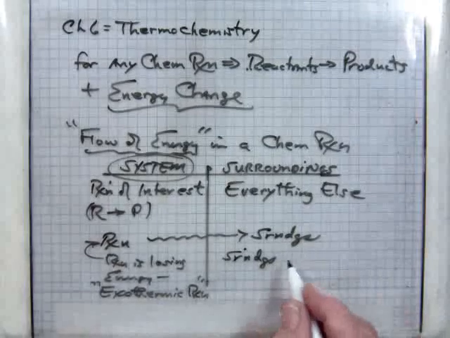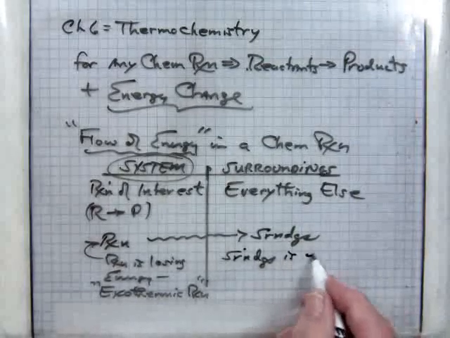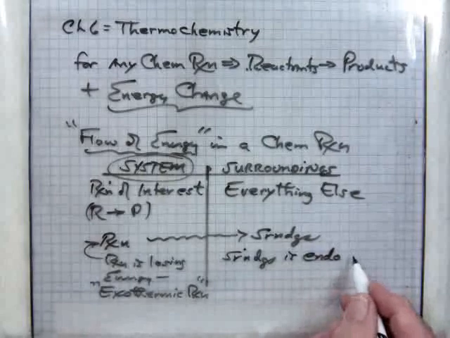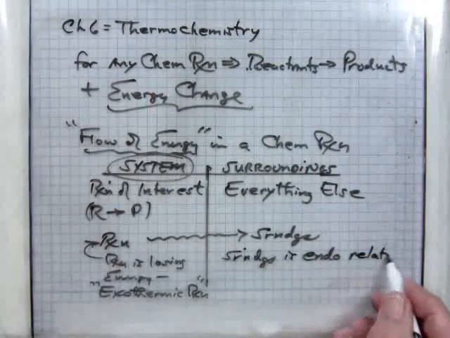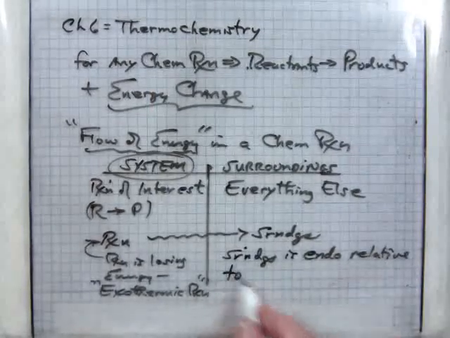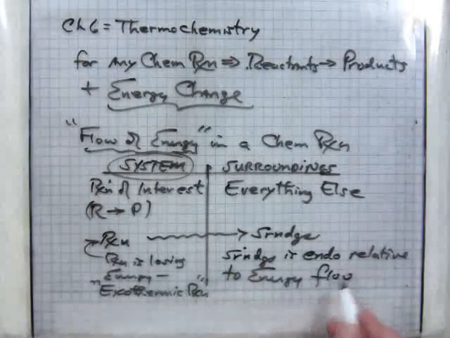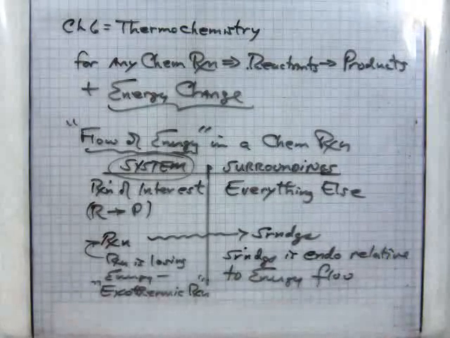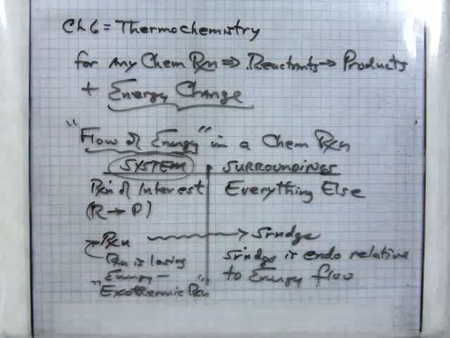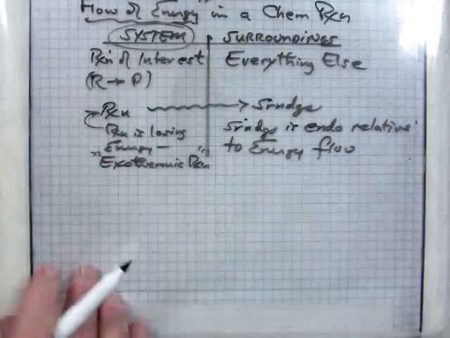The surroundings is endo relative to energy flow. So when we use the terms, keep in mind that the terminology is based upon what the reaction is doing, not the surroundings. However, let me finish the definitions and then we'll show you the issue here.